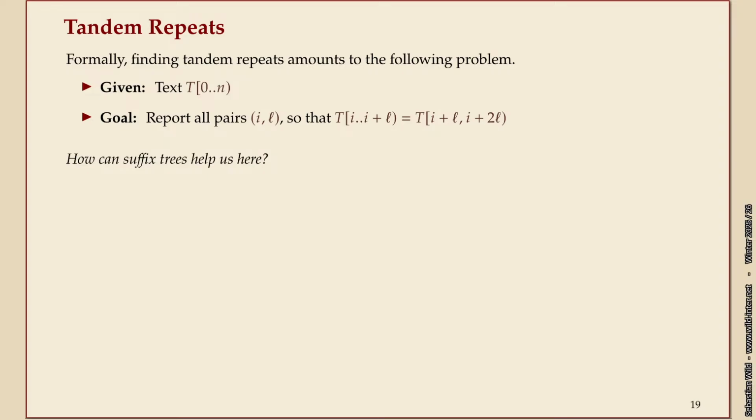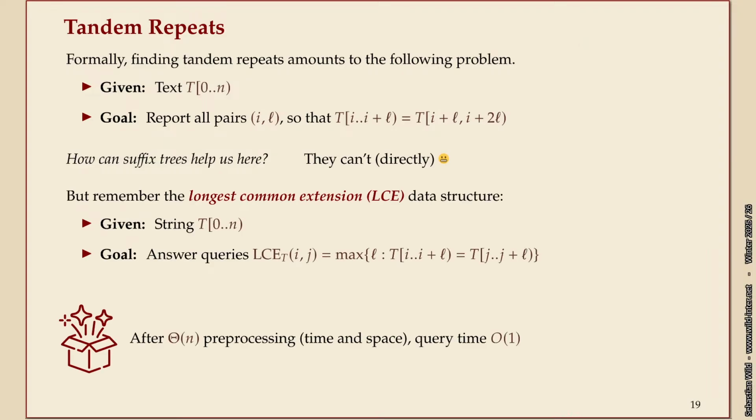At first sight, it might seem dubious how suffix trees could help here, because we have the information about all the suffixes in the suffix tree, but repetitions like this XX, it is not so clear how you would find this. You could try to play games with the indices where you find things, but to be honest, that's not really how we use suffix trees here. An efficient algorithm results via some indirect route from suffix trees.